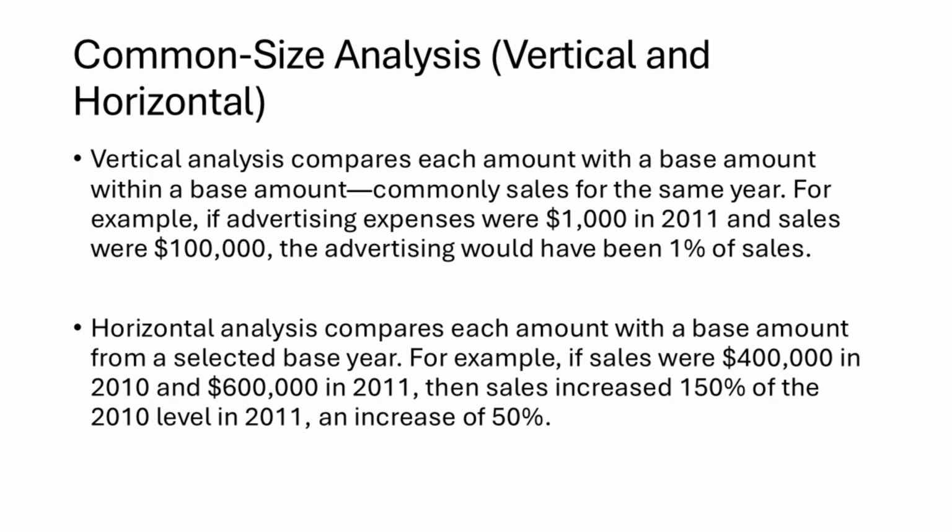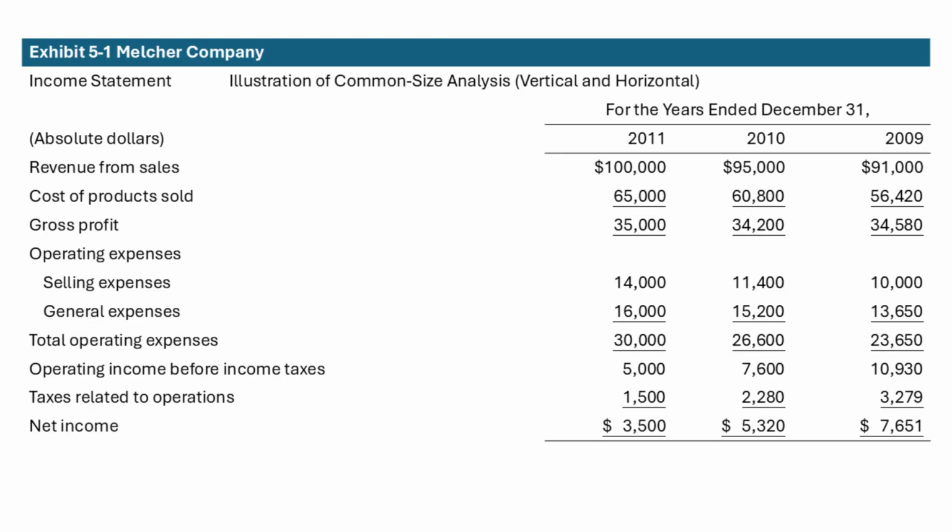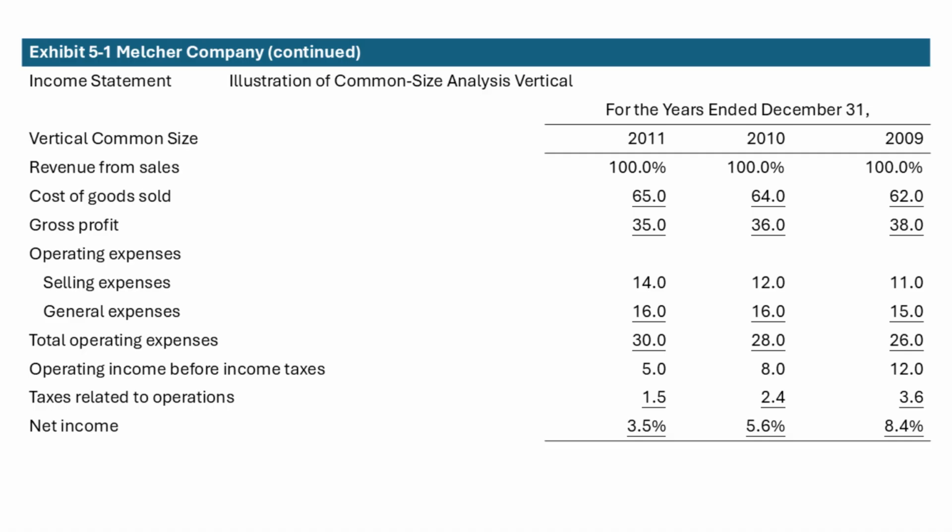For example, if sales were $400,000 in 2010 and $600,000 in 2011, then sales increased to 150% of the 2010 level in 2011, an increase of 50%. Exhibit 5-1, illustration of common size analysis including vertical and horizontal, from the textbook, page 201.